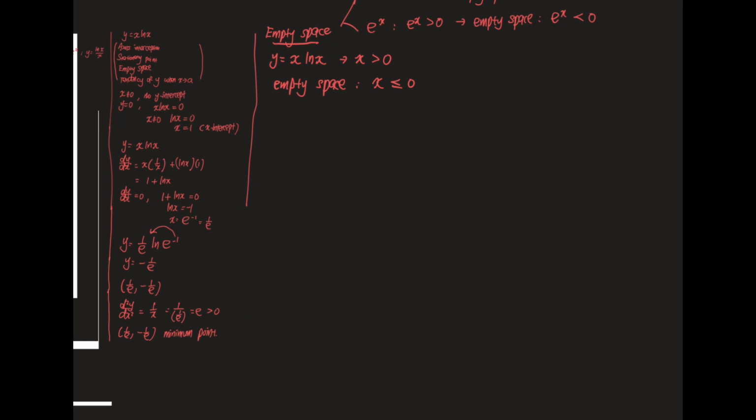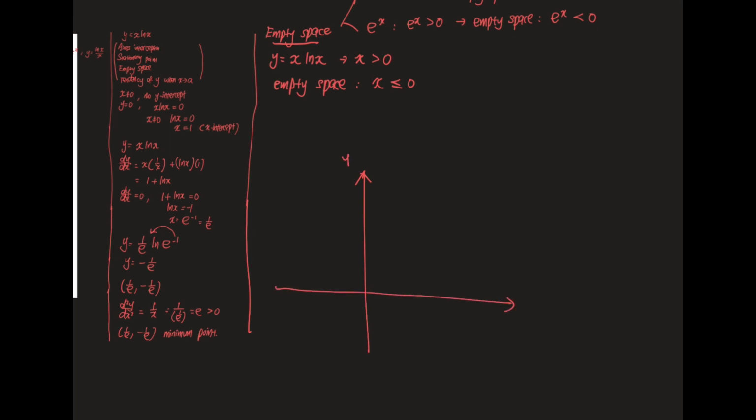Imagine we have a graph like this, y against x. We will have a graph when x is more than 0, which is on the right hand side of the y-axis. And on the left hand side of the y-axis, we will have empty space, no graph there. So let's say I shade this region, meaning that this region is empty space. Okay, so that is how we apply empty space.